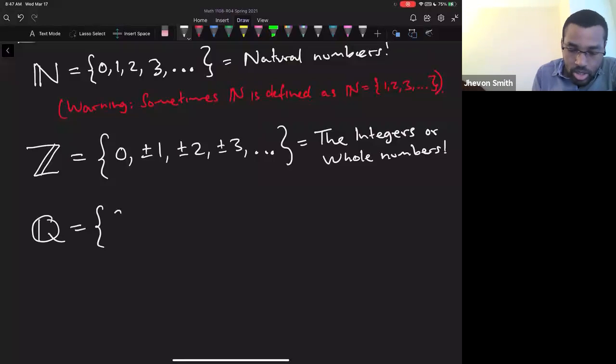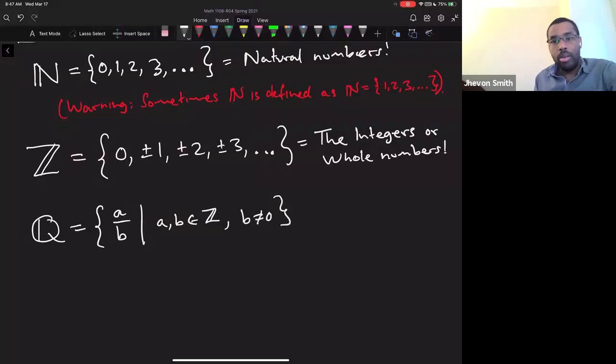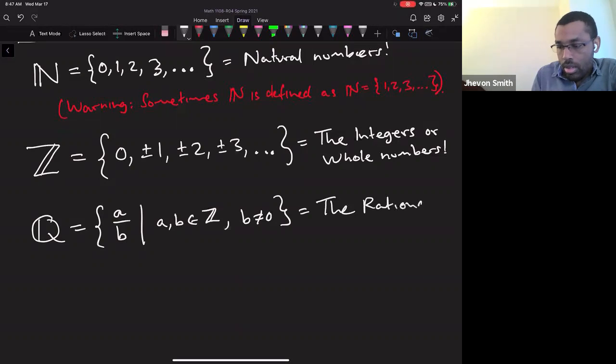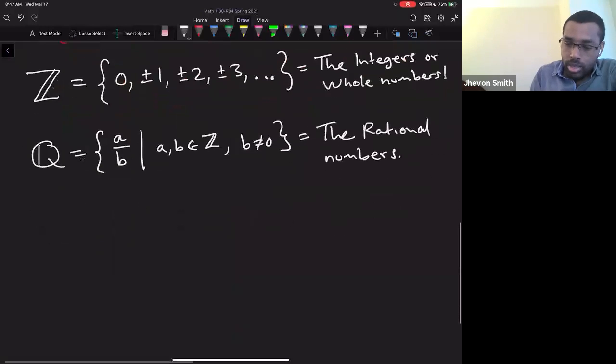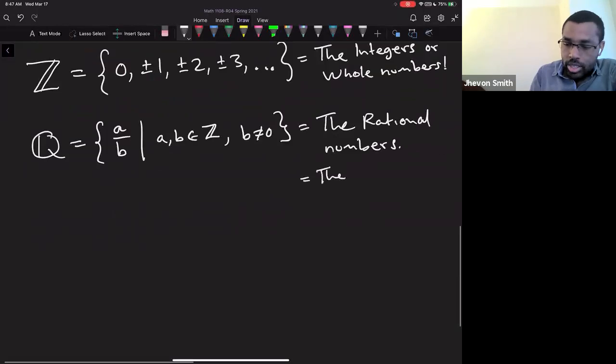So it's a set of all things that look like A divided by B, such that A and B are integers, but B is not equal to 0. So here I'm using the condition way of defining the set. This is called the rational numbers. Okay, so it's the set of all fractions.